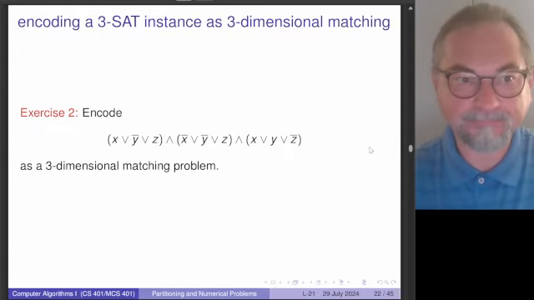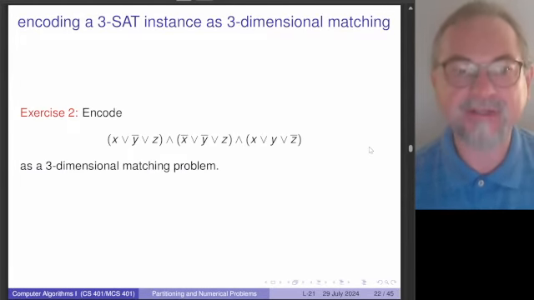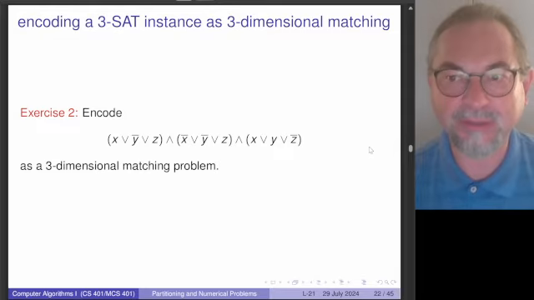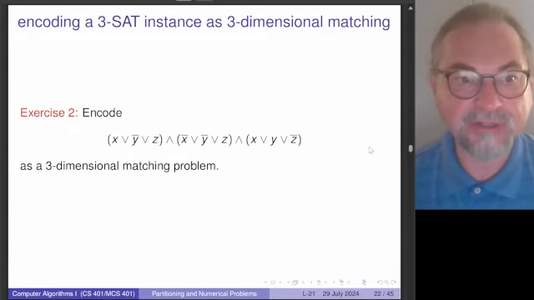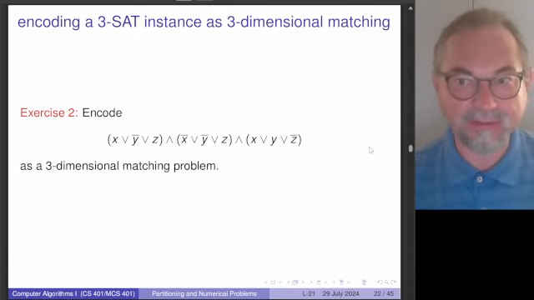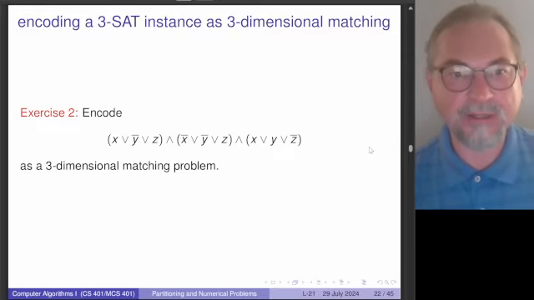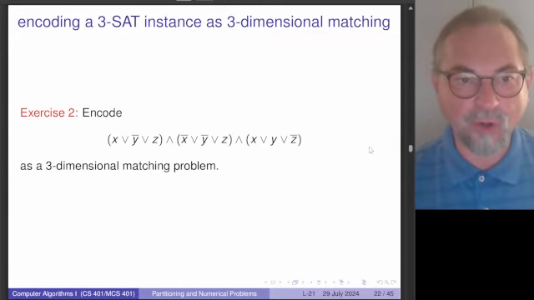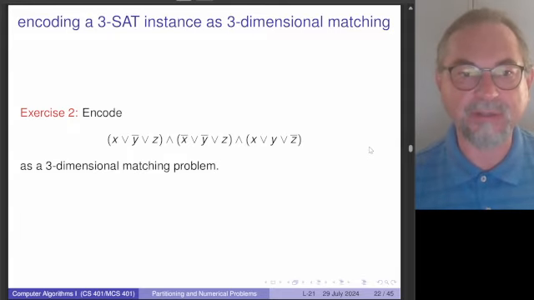Okay, here is then the exercise. So if there is something that you must retain from this lecture, that's the central idea, if you like. How can you now encode here an instance of the tree satisfiability problem as a tree matching problem?